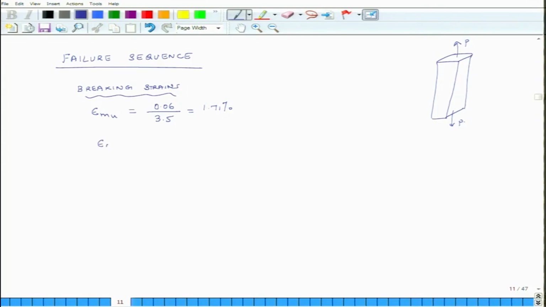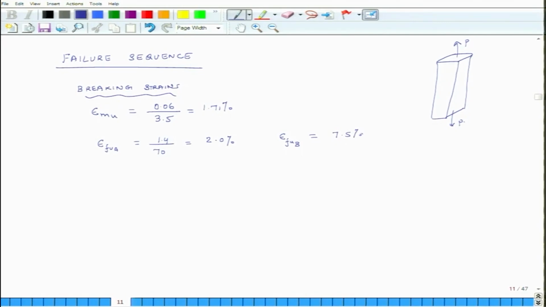Breaking strain for A fiber is equal to 1.4 GPa divided by 70, and that is equal to 2.0%. And breaking strain for fiber B, you can do the same mathematics, is 7.5%.